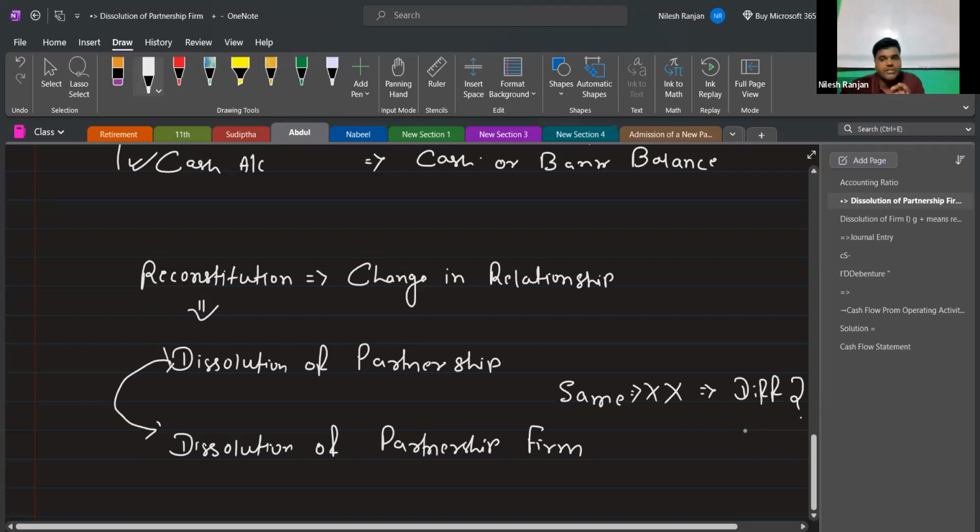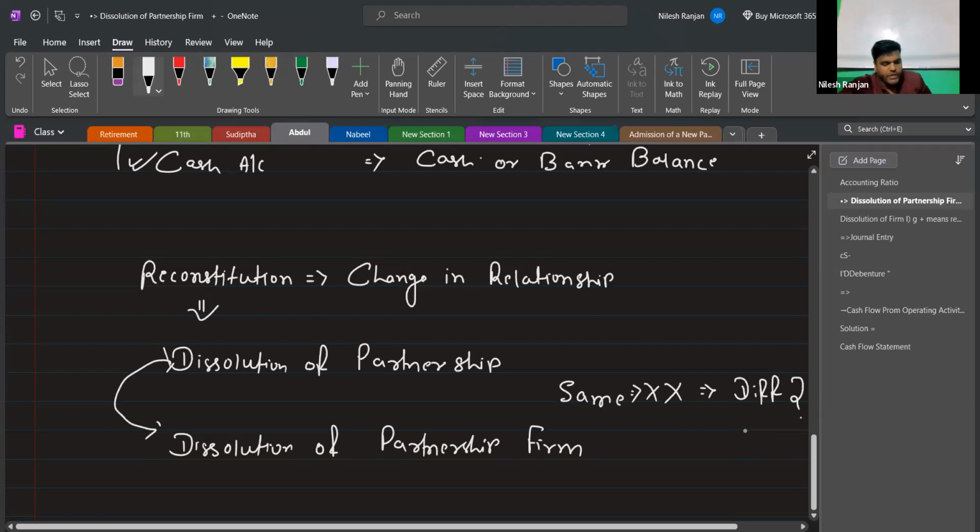But in dissolution of firm, we clear the balance sheet, we close all the accounts, we close our business. These two phrases are different from each other, but a little confusing because they use similar words. Is this clear?